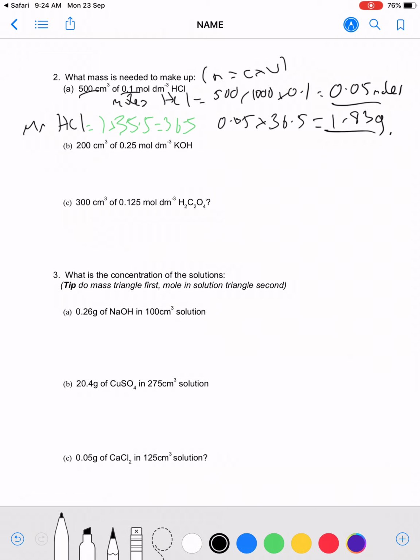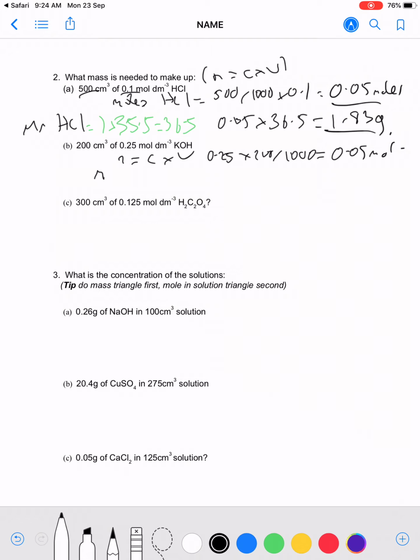Potassium hydroxide, what's the amount of potassium hydroxide? n equals C times V. Concentration is 0.25. Volume is 200. Easy now, right? Divide it by 1,000. That's going to equal 0.05 moles.